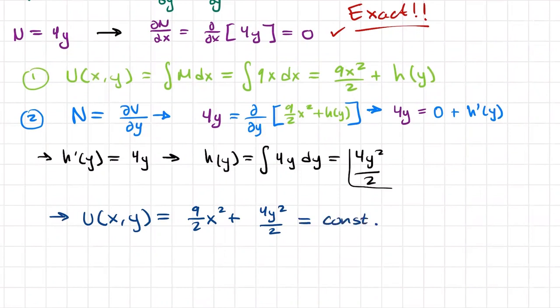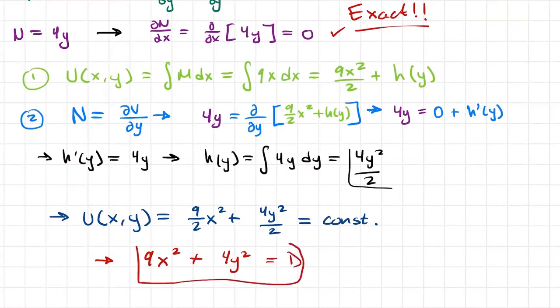So we can rearrange this. We can multiply everything times 2, and we'll get that 9x squared plus 4y squared is equal to some other constant that we'll name d. And this is the final solution.